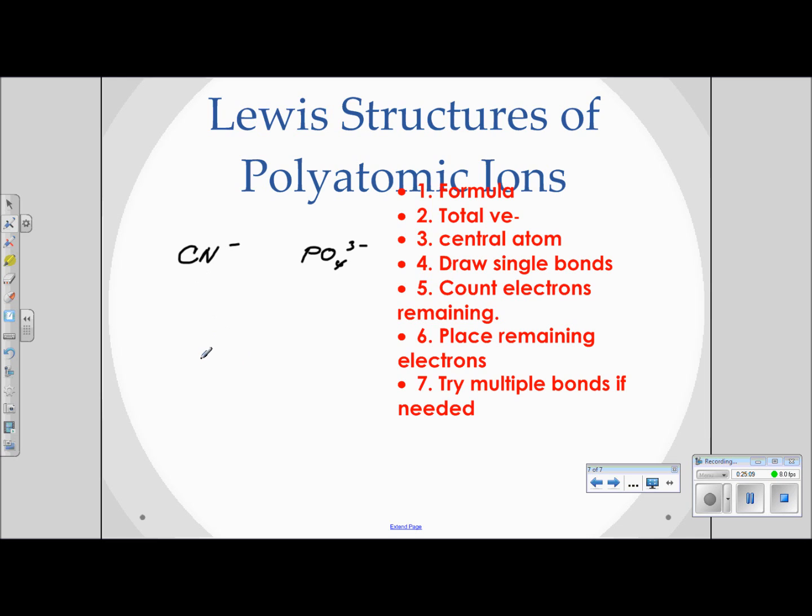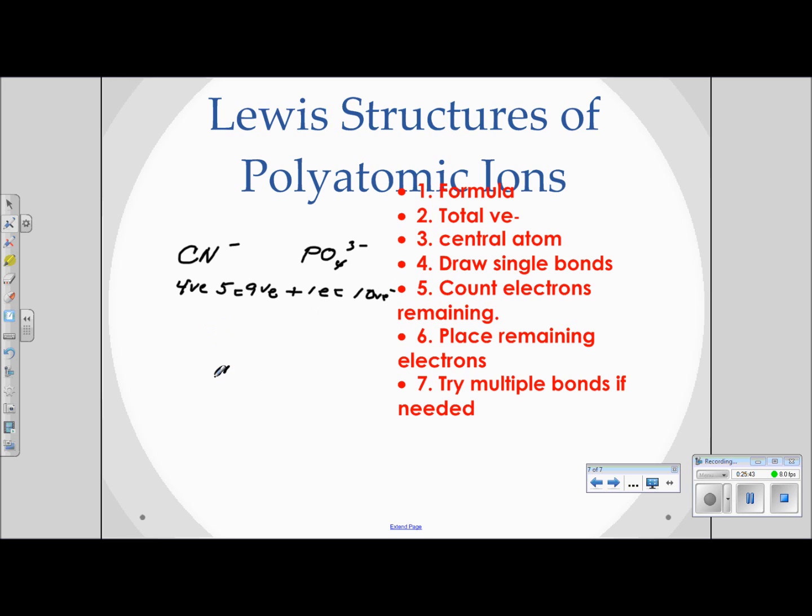And I'm going to go ahead and follow the same format. We know that carbon has 4 valence electrons, and nitrogen has 5 valence electrons, and that gives me a total of 9 valence electrons. However, I have to add one more because notice there's one more electron here. It gained an electron, so I'm going to add one more electron, and that gives me a total of 10 valence electrons to be placed.